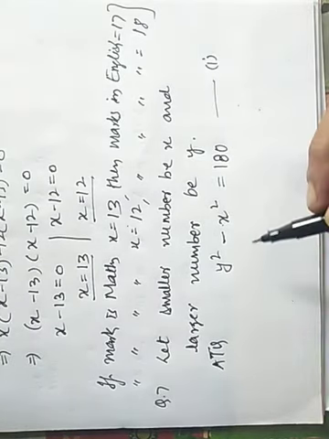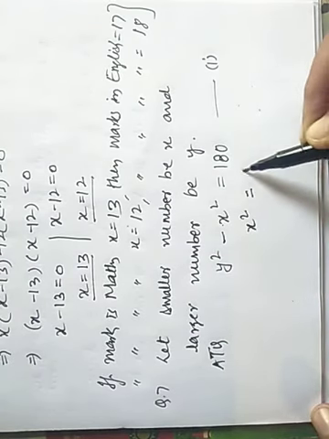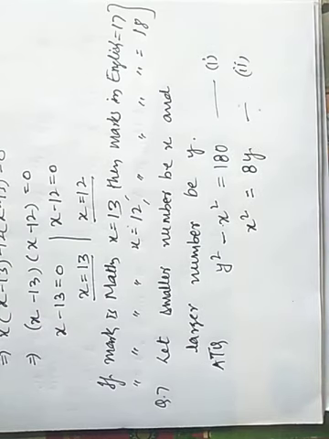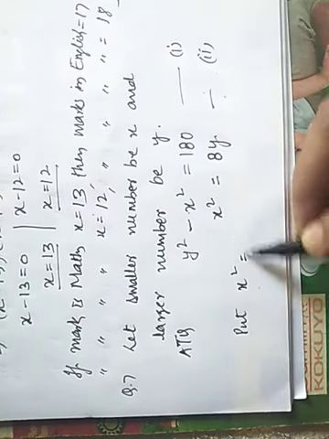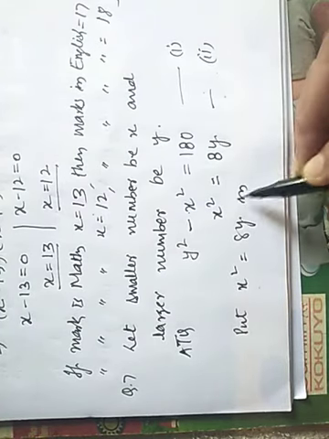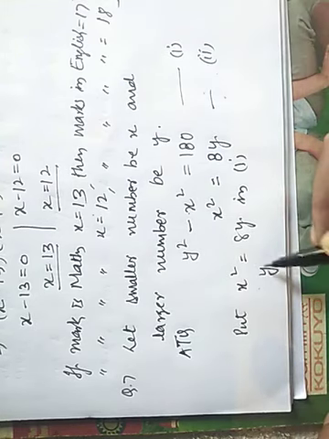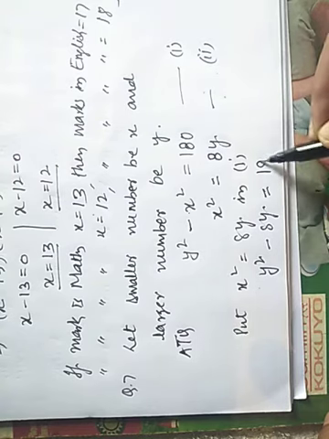We have also been given that the square of the smaller number, that is x square, is equal to 8 times the larger number, so x square is equal to 8y. This is the second equation. So we can put x square is equal to 8y in 1. We will get y square minus 8y is equal to 180.